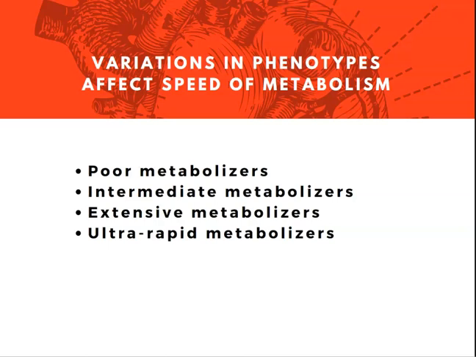So there's an intermediate. They have one working wild type, okay? Extensive metabolizers, homozygous, have two normally functioning alleles, okay? So intermediate has one wild type, extensive has two normally functioning, and the ultra rapid metabolizers have more than one functioning copy of a certain enzyme.